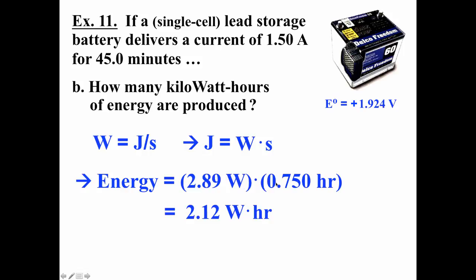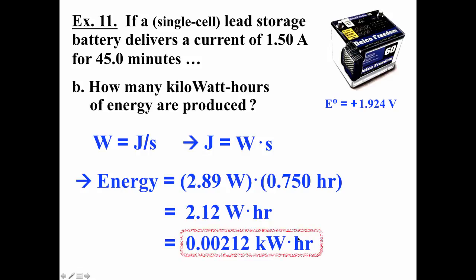So notice it's watts times hours. Nothing cancels out. And watt hours is a perfectly respectable energy unit. It's maybe a little weirder or less convenient than joules, but it's an acceptable energy unit. And this question asks for kilowatt hours. So since a watt is a thousandth of a kilowatt, then this becomes 0.00212 kilowatt hours.